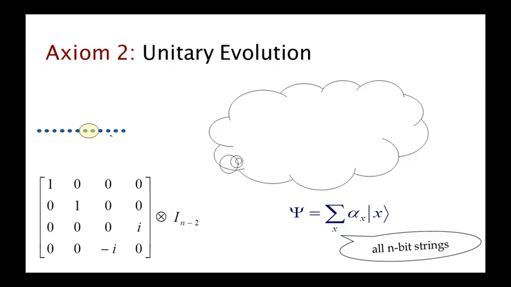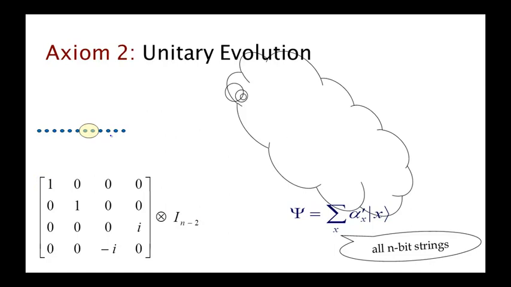And the result of this is that we take this Hilbert space, this complex vector space, and we rotate it. And as we rotate it, the state of the system changes, and all these complex amplitudes get updated.